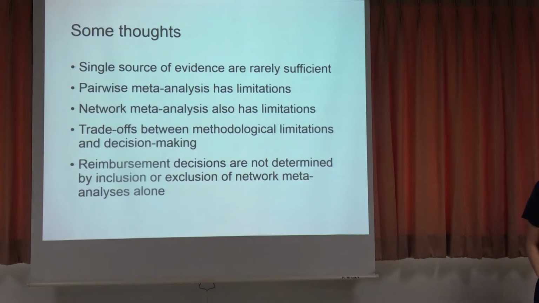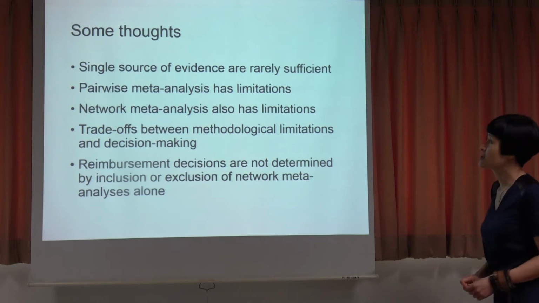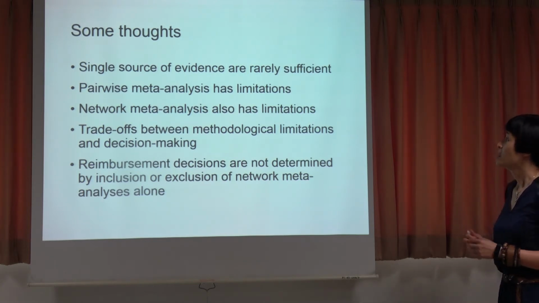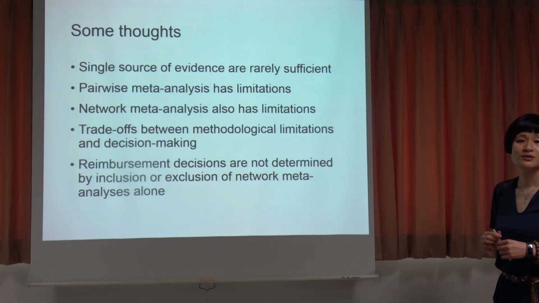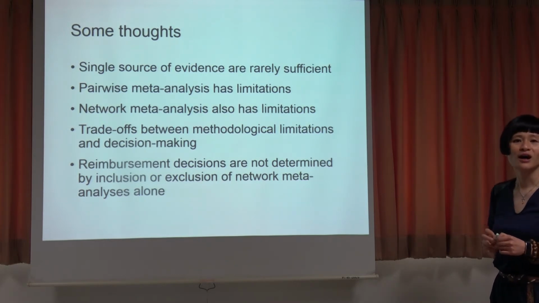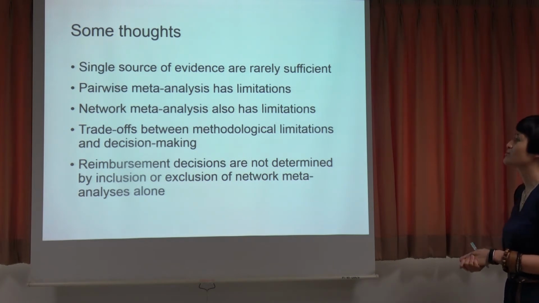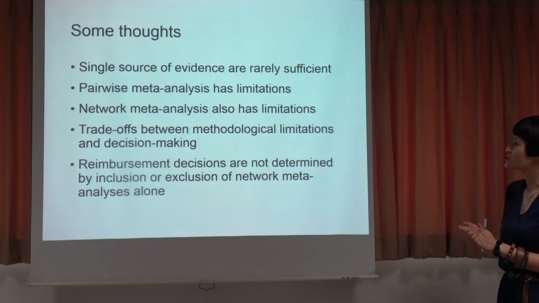So some thoughts towards the end. A single source of evidence is rarely sufficient. I don't think we can ever answer a decision question based on one study. Pairwise meta-analysis is useful and straightforward to implement, but it has limitations, and we talked about that last week.